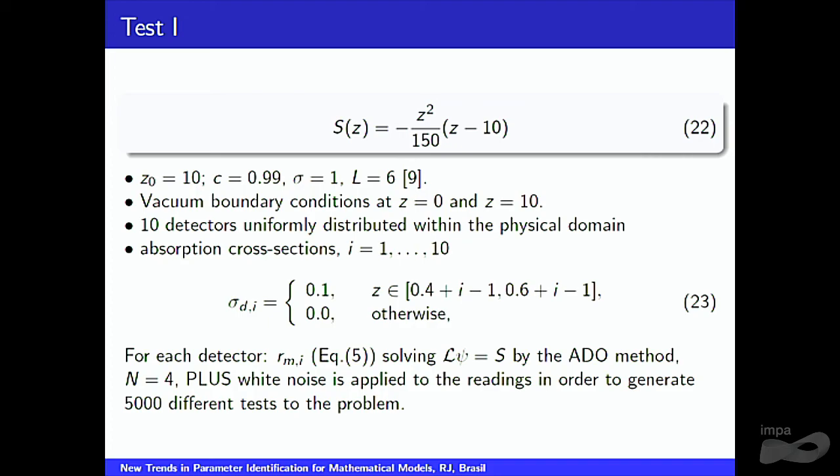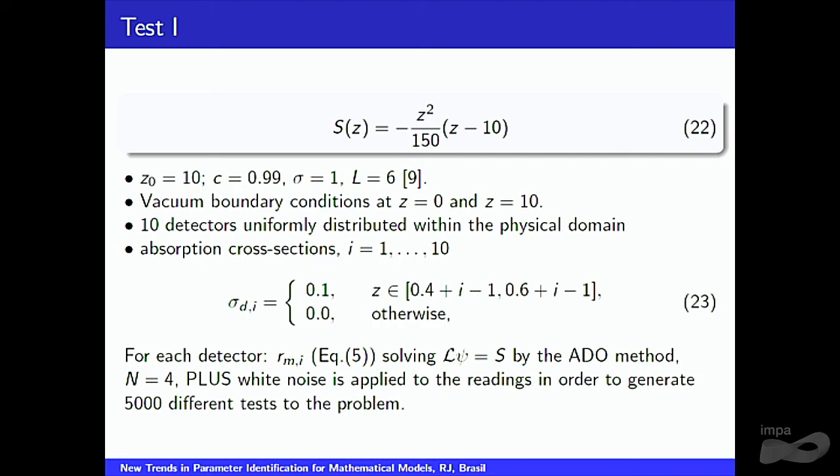The domain has thickness 10, and that means we have a high scattering in the problem. And the anisotropy is not so big, but with L equals 6, we consider some anisotropy. And we consider that we have no incoming flux in the problem.